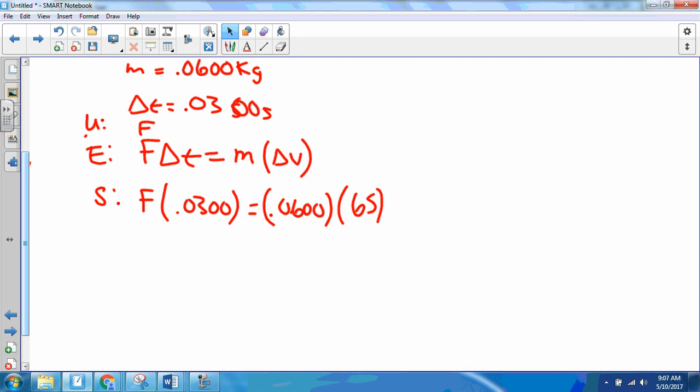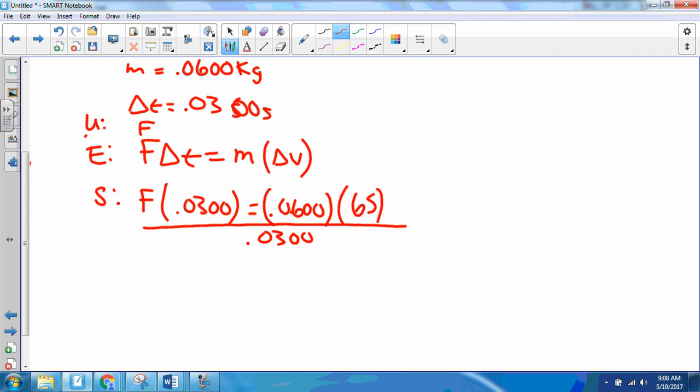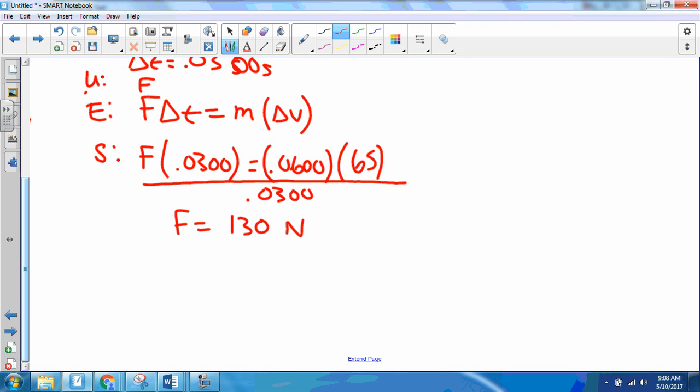So what I have here is solving for force. We just need to divide by what's multiplying the F, 0.0300. Plug it into our calculator: 0.0600 times 65 divided by 0.03, and we end up with a force of 130 newtons. This is called the impulse momentum theorem.